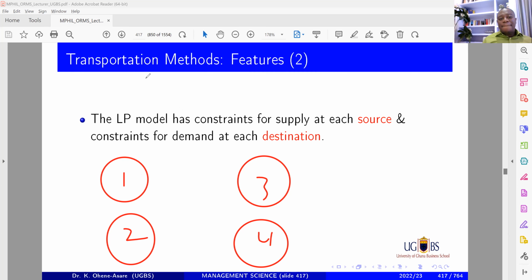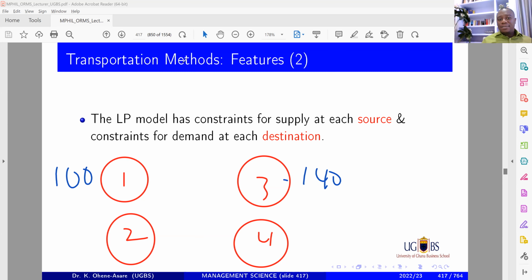Let's assume that the amount of items that you are supposed to supply from node 1 to node 3, from node 1, it is 100, but node 3 is expecting 140.